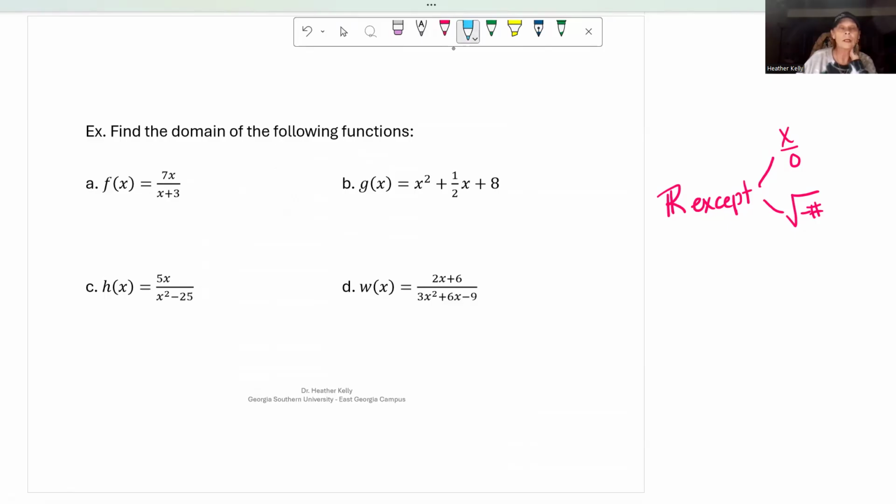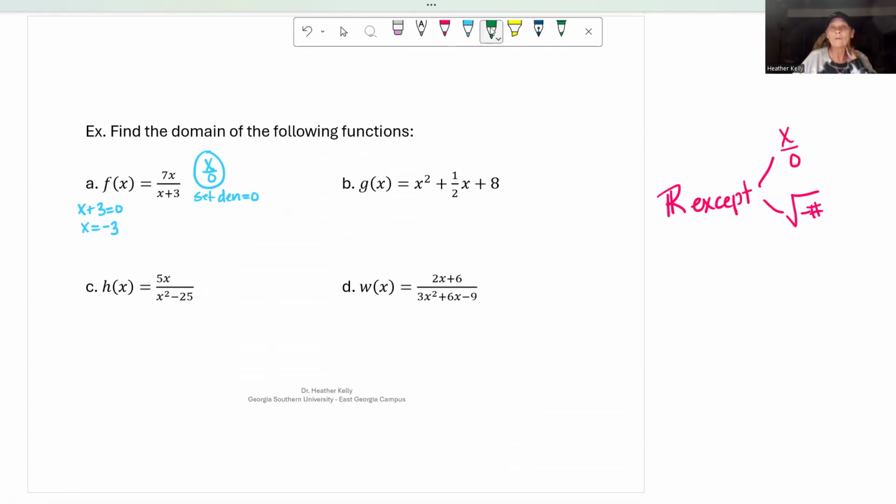So when we take a look at our first example here, f of x is equal to 7x over x plus 3, we have this situation, right? We can't have that. So what do we do? We're going to set the denominator equal to 0 and find out what number messes it up. Okay, so we'll say x plus 3 is equal to 0, so x is equal to negative 3.